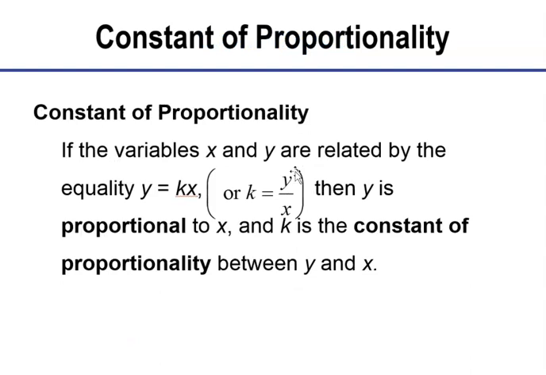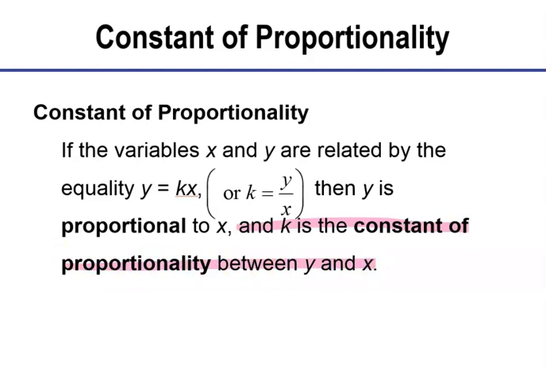Now, whenever you have a proportion, you have a constant of proportionality. If the variables x and y are related by the equality y is equal to kx, then k is equal to y over x, and y is proportional to x, and k is the constant of proportionality between y and x.